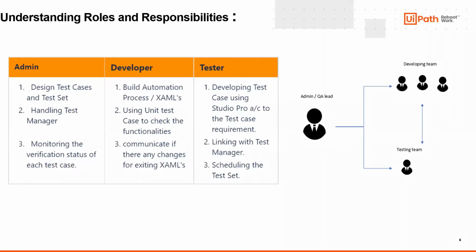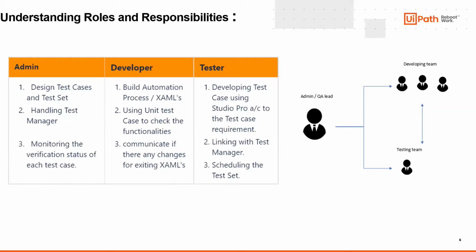The developer would be building the automations, right? So they would be automating the processes, or they would be automating a functionality or test case, right? They will be capable of creating unit tests, and unit testing the component or process which they have developed, as well as ensuring that the functionalities on which they are working are as expected.